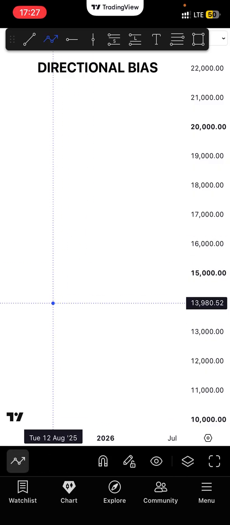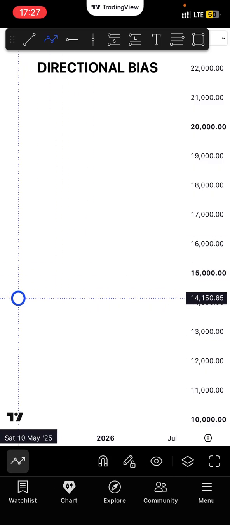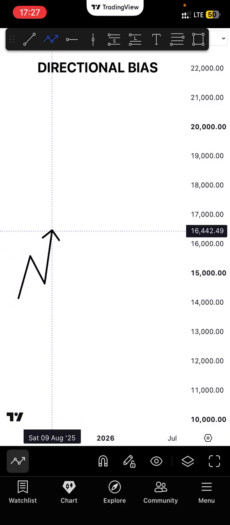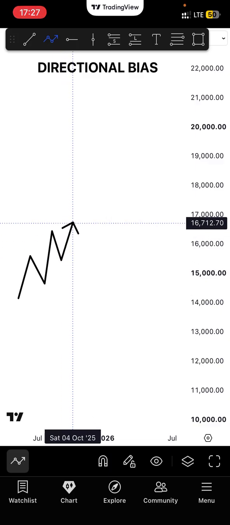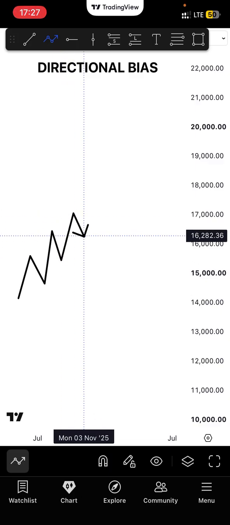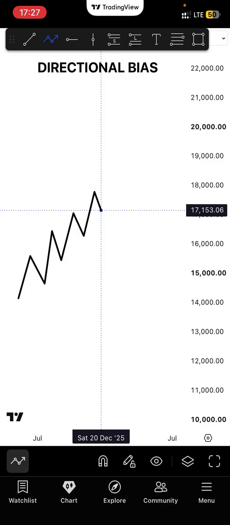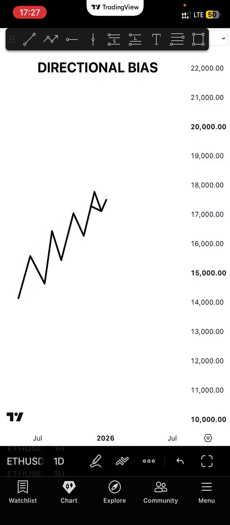For example, if I go to my daily time frame and I can clearly see price giving me higher highs, higher lows, higher highs, higher lows, in this scenario I'll continue looking for buys. I won't try to look for any sell.